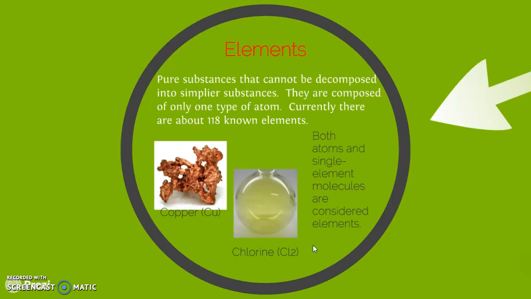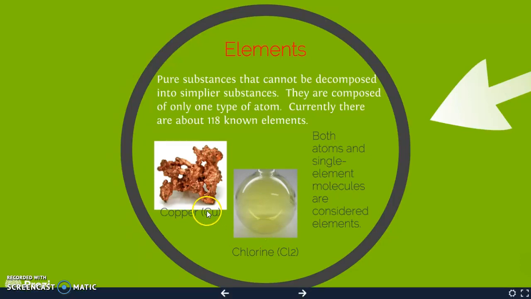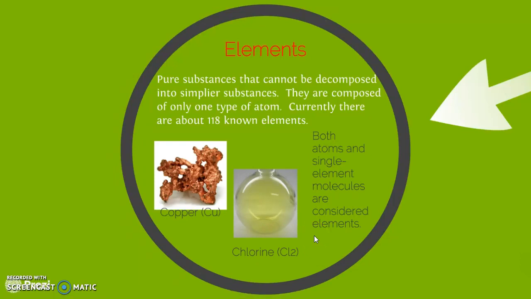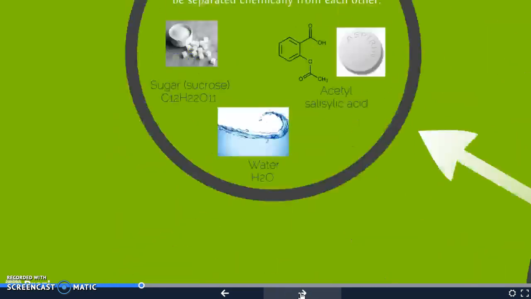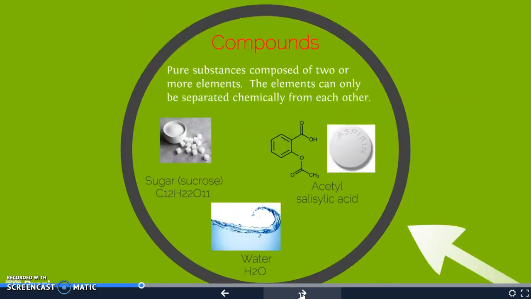All right, so elements can be individual atoms, or like the diatomics, you have 2 atoms of the same element chemically combined, but they are still just one kind of atom, as opposed to compounds, which are composed of 2 or more different kinds of atoms, 2 or more elements.